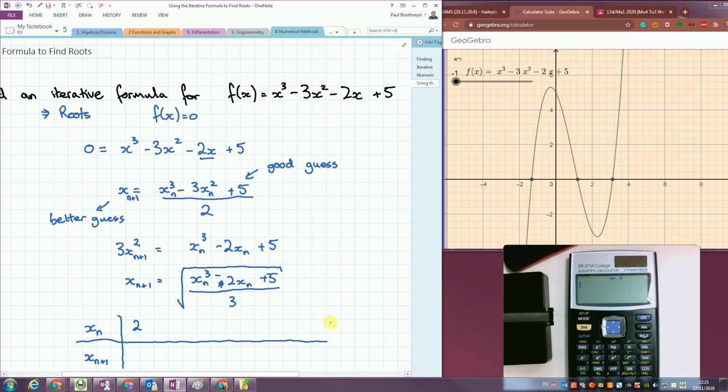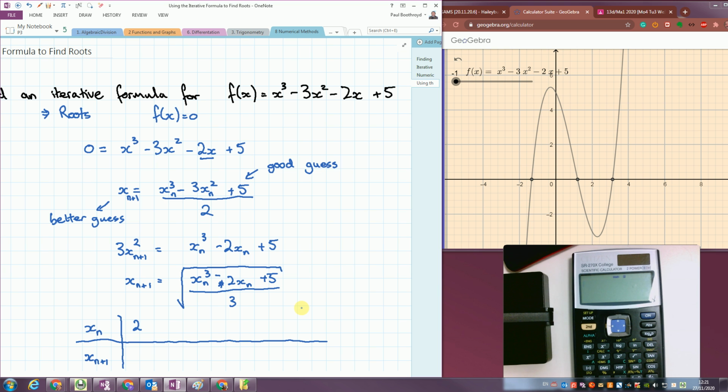Now if you're asked to do this, what we need is a way to do it on your calculator. It's not a table function, because what we want to do is take the answer to a calculation and put it back in. So let's start off with 2 and put it into the memory.